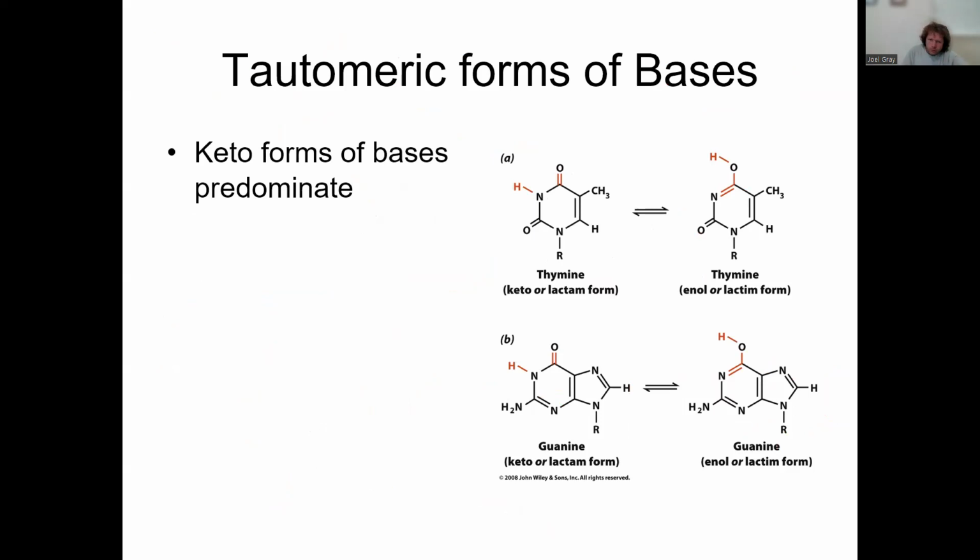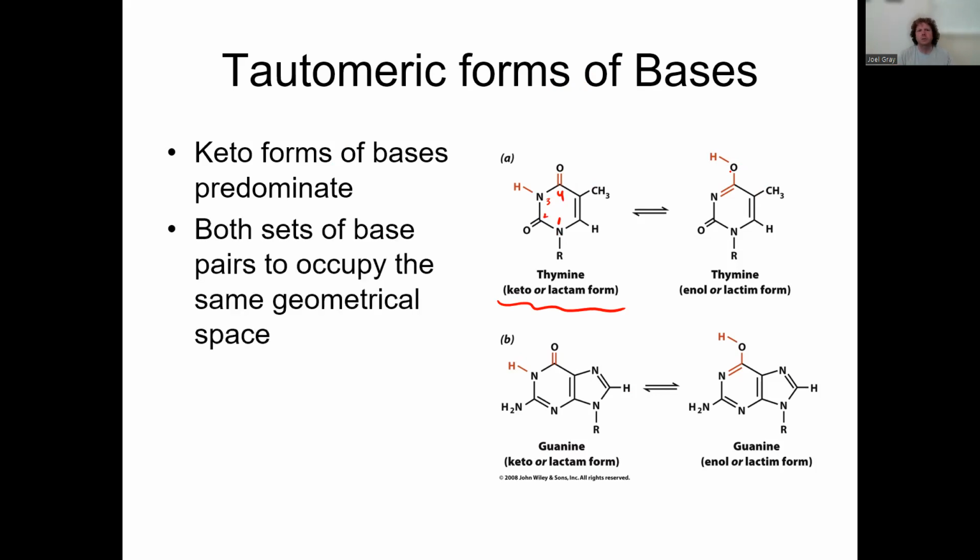So when we look at something like thymine, for instance, this would be 1, 2, 3, 4. The predominant form of our molecule is this one right here. Now, what can happen is a tautomerization where this double bonded oxygen, this carbonyl oxygen, becomes an alcohol or an enol. And so we have that kind of transition that does take place.